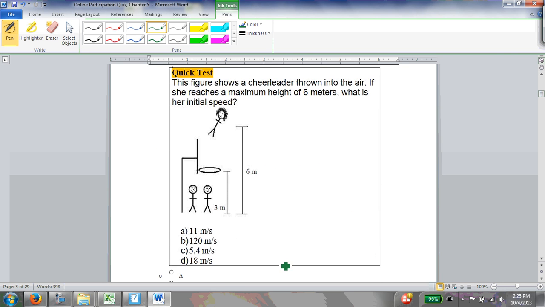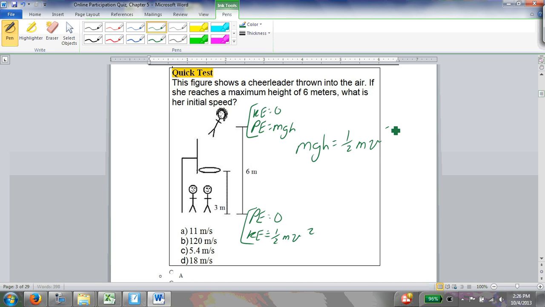All right, a figure shows a cheerleader thrown in the air. She reaches a maximum height of 6 meters. What is her initial speed? We did a problem very similar to this. I know that my potential energy down here is equal to 0. My kinetic energy equals 1/2 m v squared. At the top, the kinetic energy equals 0, and the potential energy equals m g h. I know that the sums of these two have to be equal, so I say m g h equals 1/2 m v squared.